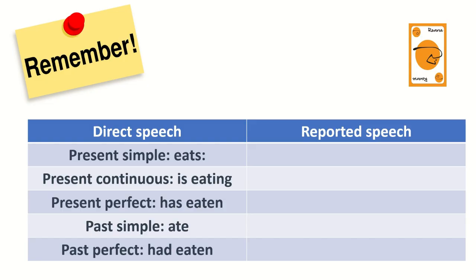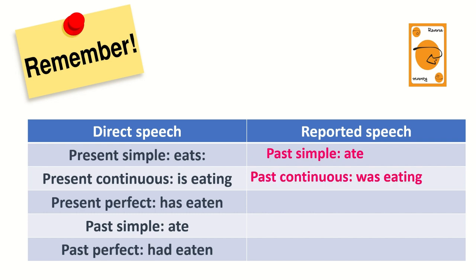Okay, remember what we said before. In direct speech, I have these tenses, so to report them, to change them into reported speech, I have to backshift them, which means from present simple to past simple, so eats, ate. Present continuous, is eating or are eating, becomes was eating or were eating.